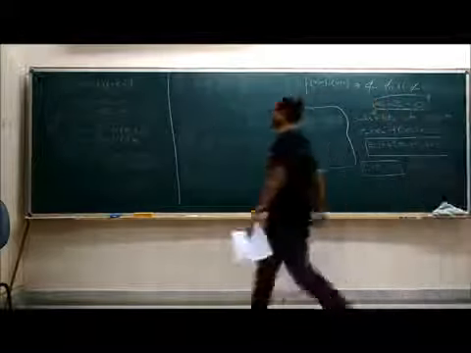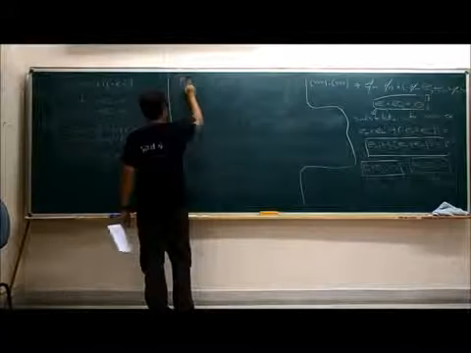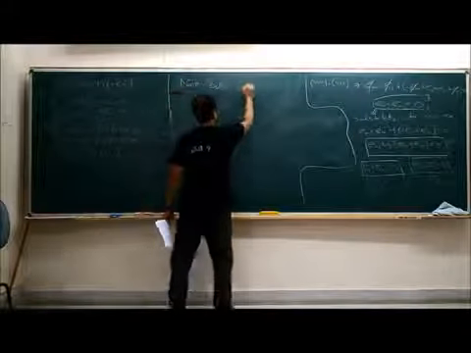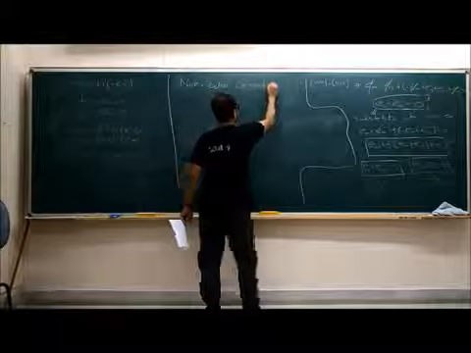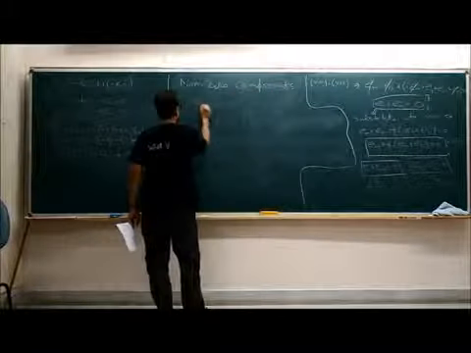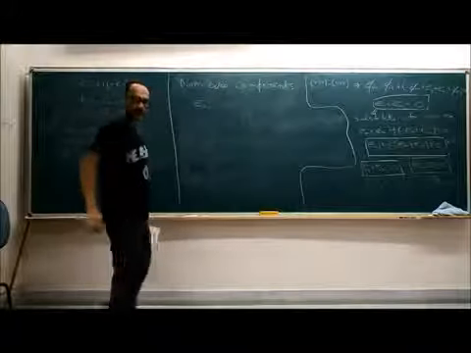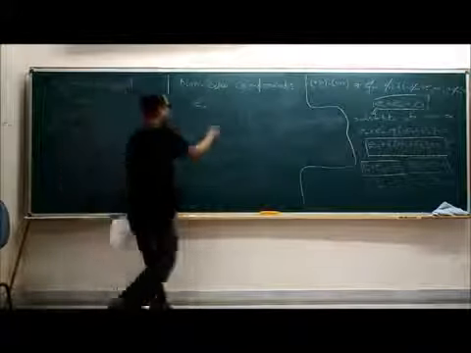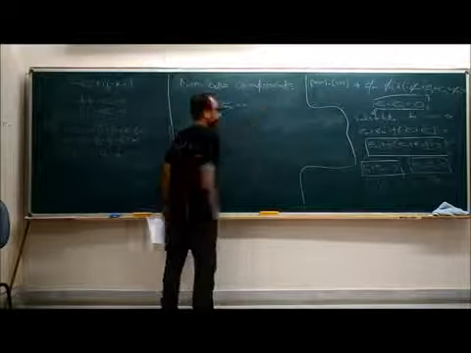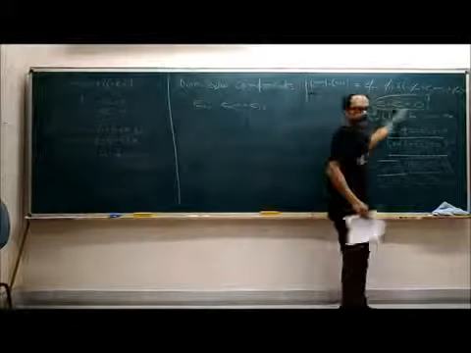So what you are left with are the non-zero components: E12 and E11, which is equal to minus E22 by this relation.